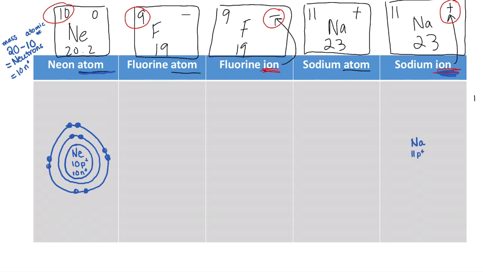We're going to look at the mass, and it is 23 minus 11, giving us a total of 12 neutrons. So again, we've got our nucleus. We'll fill in our electrons. So that's 2.